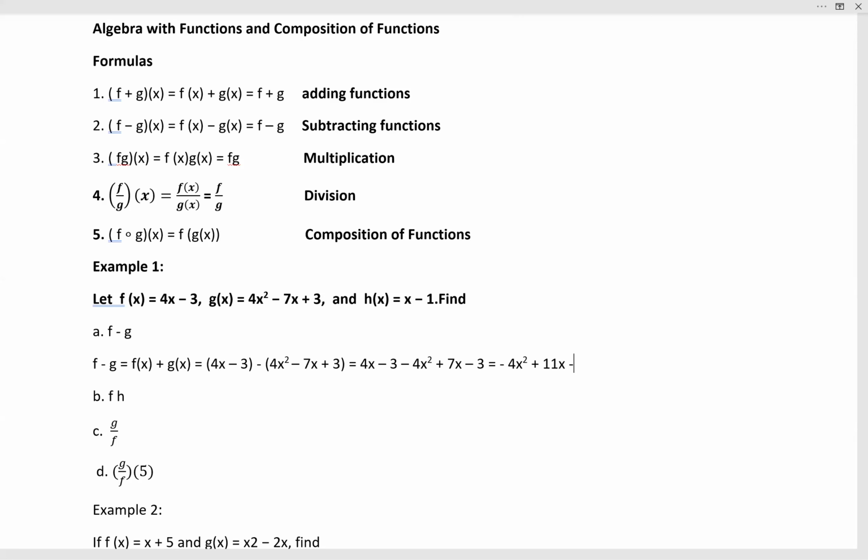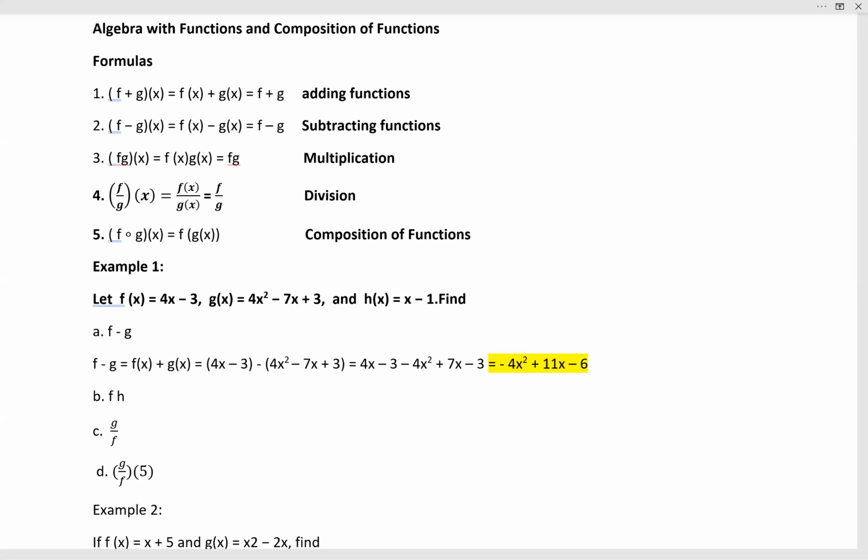And then the last term will be the constant term, so negative 3 minus 3 is going to be negative 6. Okay, so that's the answer for part A. So let's do part B.